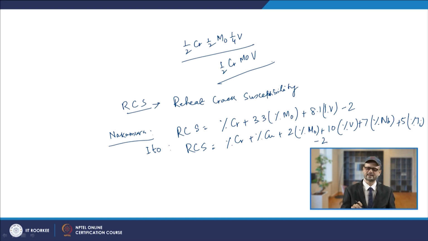Basically these elements give you the reheat crack susceptibility, and if RCS is found to be more than or equal to 0, in that case the steel is susceptible to reheat cracking.